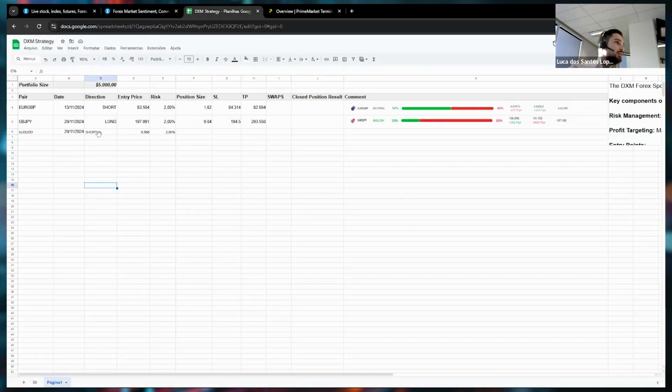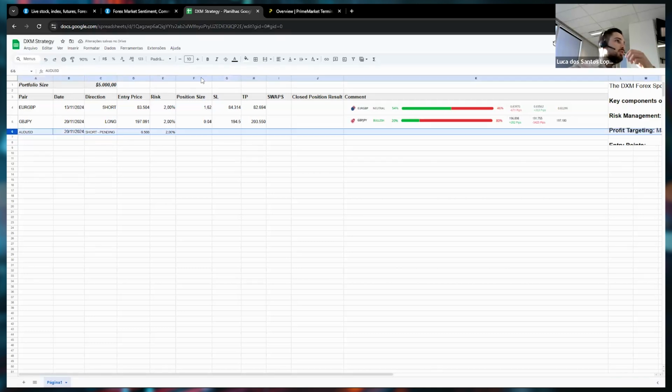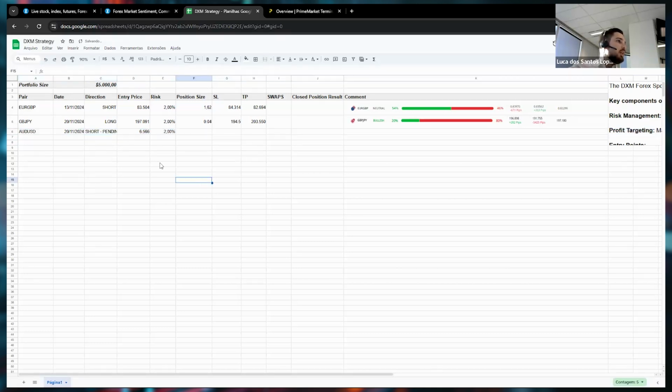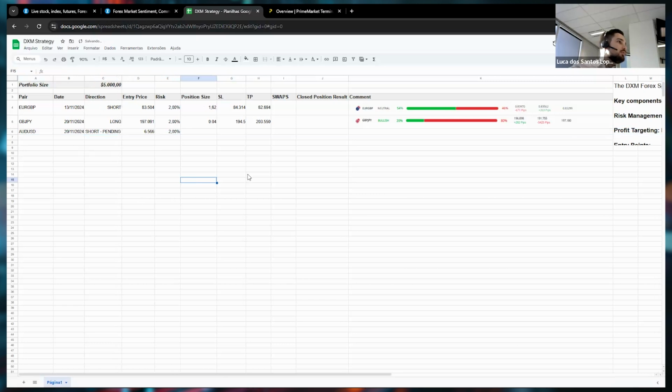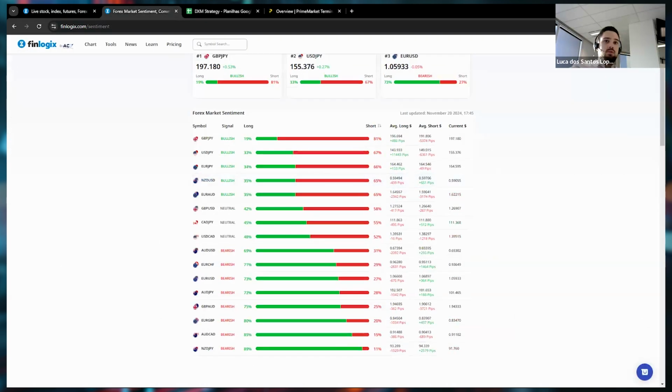But it's here, it's pending. All right, let me put it into short pending. Okay. So I think that should be it as well. Now we wait, but we take a screenshot, of course. Aussie dollar.